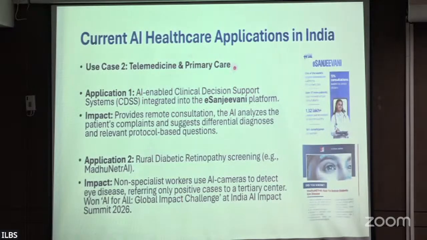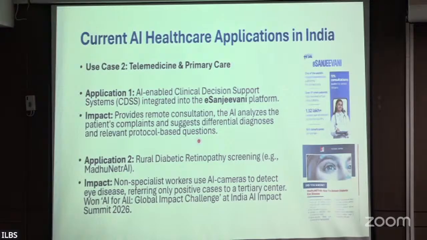Then another application is telemedicine and primary care. The eSanjeevani platform is a clinical decision support system established by the Indian government health department. It provides remote consultation. AI analyzes the patient's complaints and suggests different diagnoses and relevant protocol based questions.